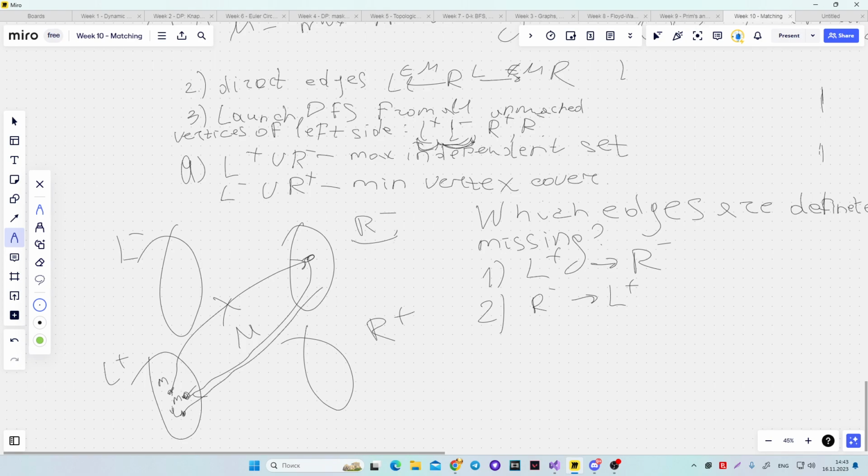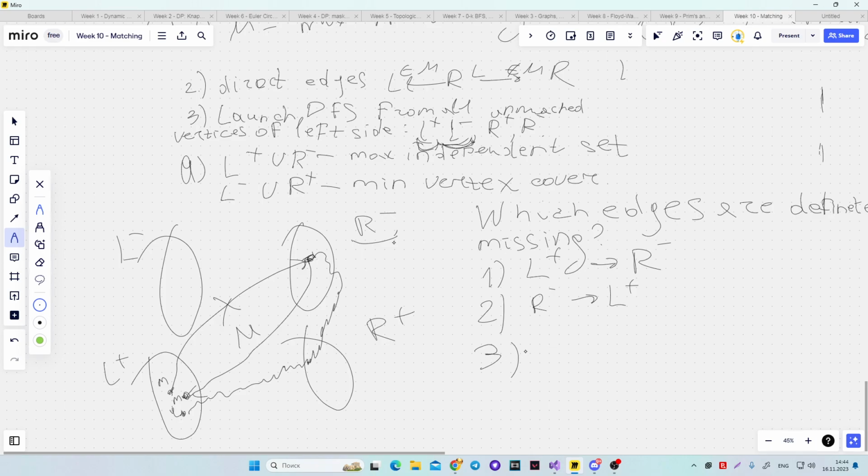We just walk through our graph and get into this vertex, then we go through this edge, and this means this vertex doesn't belong to R minus because we visited it.